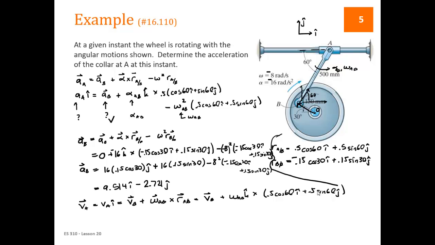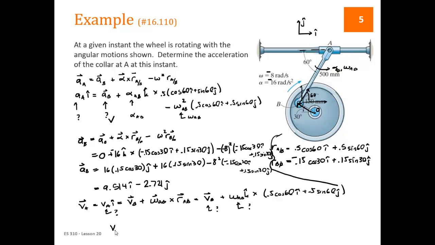So if we do that math, well, if we're looking here, we don't know this, right? That's what we're trying to find. We don't know VB, and we don't know VA. So once again, we have three unknowns. We can get to two of those unknowns using this equation, so we need to know something about a third unknown. And the one we know something about is VB, because VB is attached to this wheel, and we know how the wheel is moving.